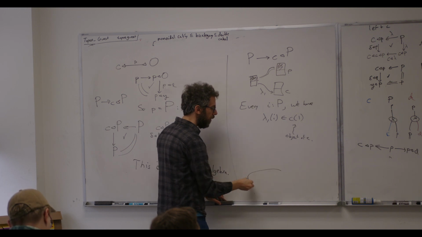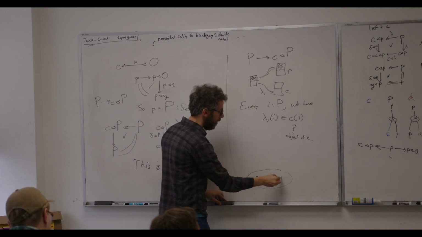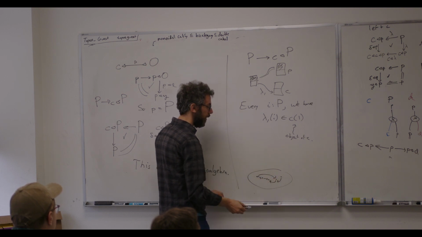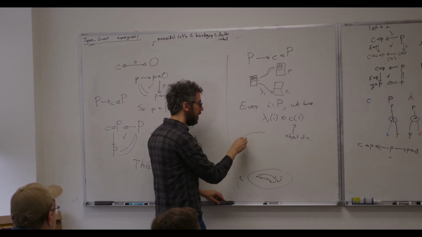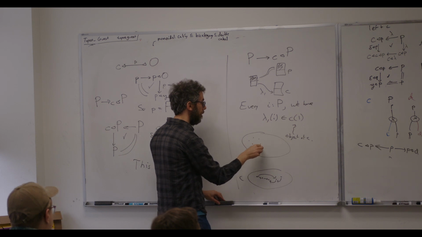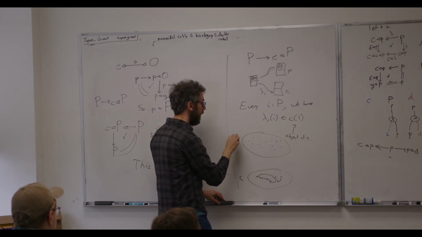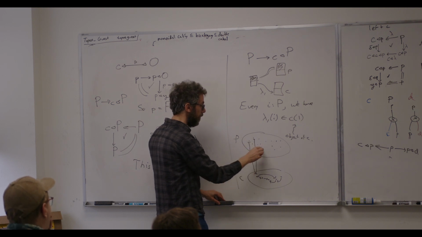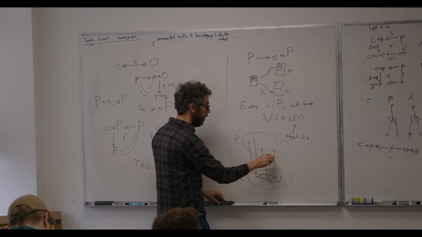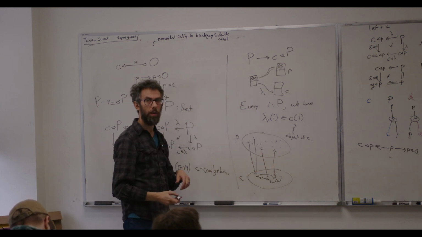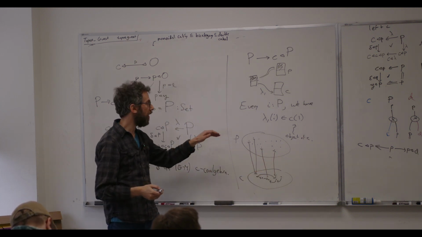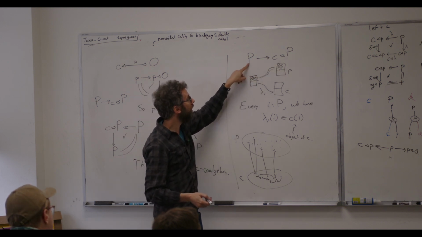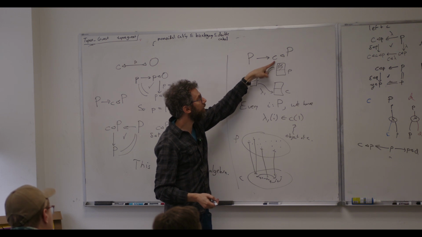Okay, so we've got this category C. Some weird picture of a category C. And then we've got this set. And that's P. And every object of P maps to some object of C. Agreed? That's what this is saying. If we have a map from P to C tri P, every element there goes to a position of this.